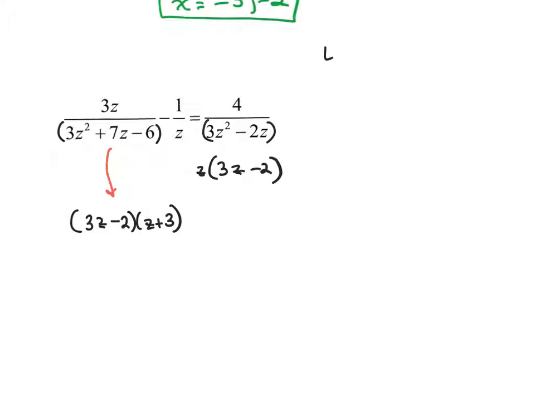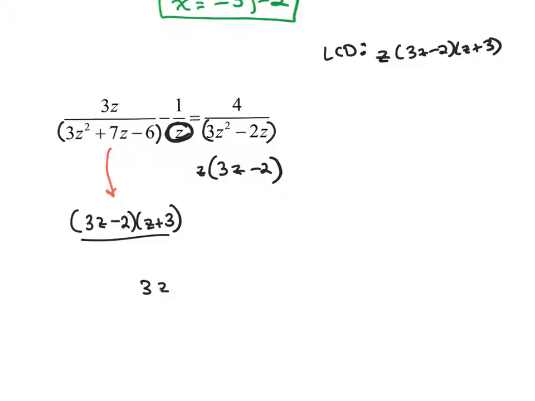So the LCD is simply going to be the 3z minus 2 and the z plus 3. We have to have those because we have them there. We have to have a regular z for this guy here. But the nice thing, the third denominator is z and 3z minus 2. I already have all those in my LCD, so I don't need to add anything. So I'm going to multiply that to the equation.